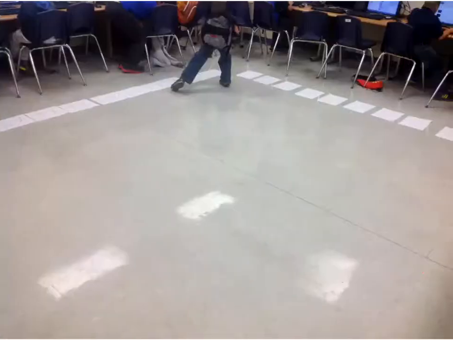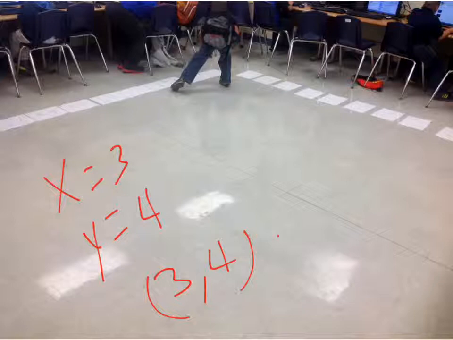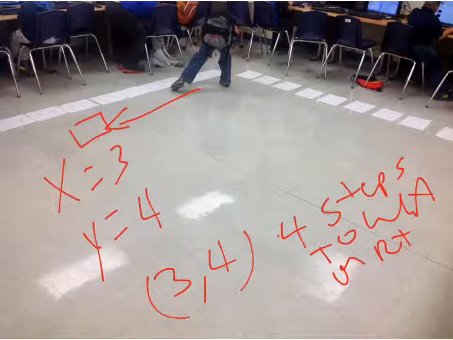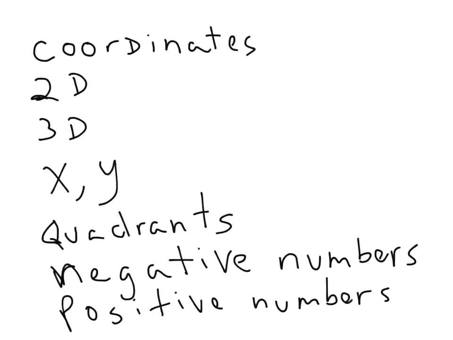So this is the area that we create. It's 11 squares by 11 squares, so we have an area of 121 square feet. And then we play, okay, if you're going to move your X at 3 and Y 4, so you're at coordinate 3, 4, and you move 10 steps or 4 steps to left or right, where are you going to land?